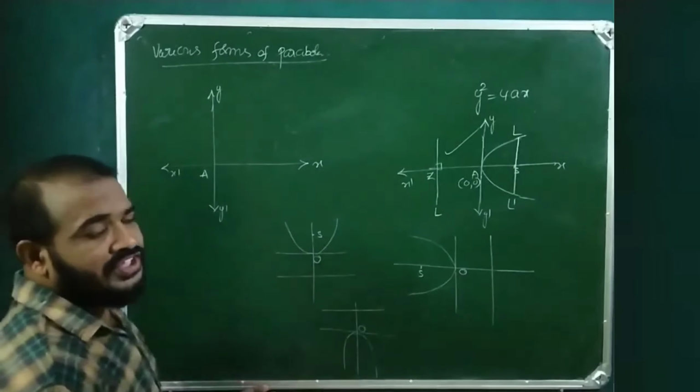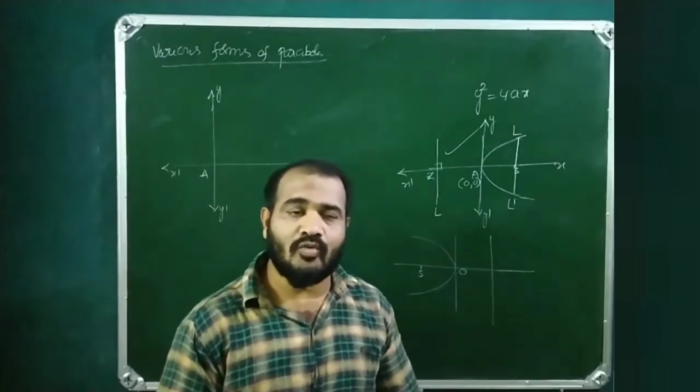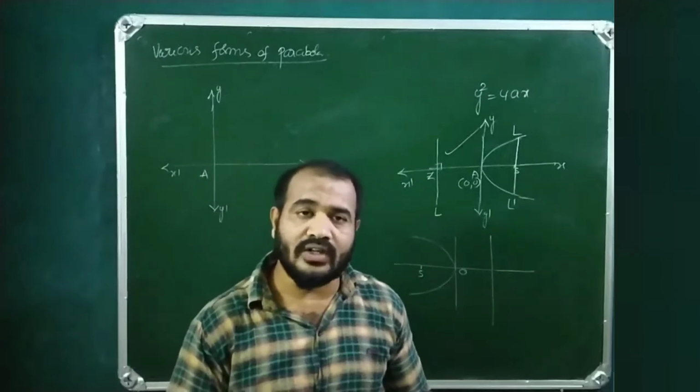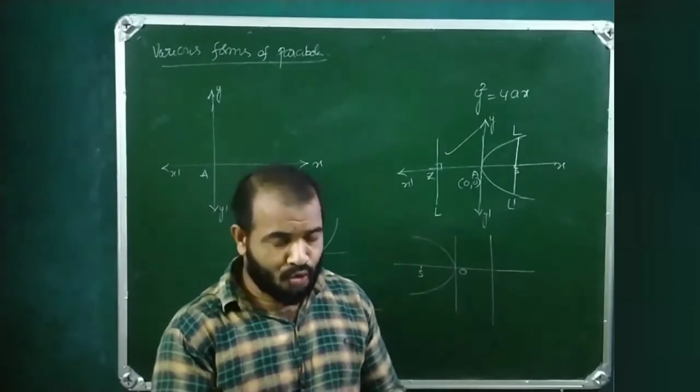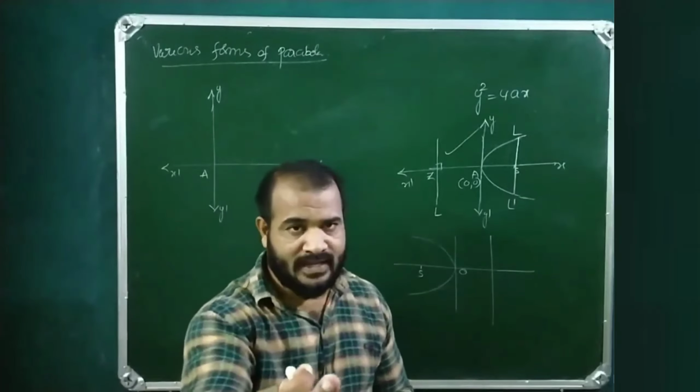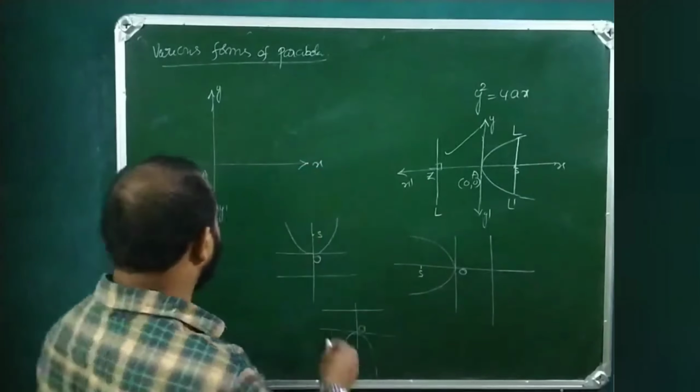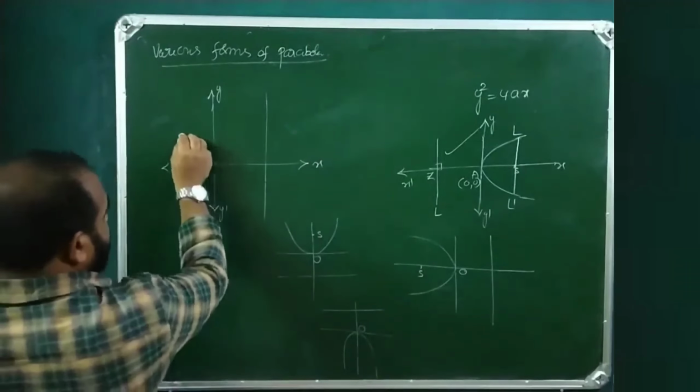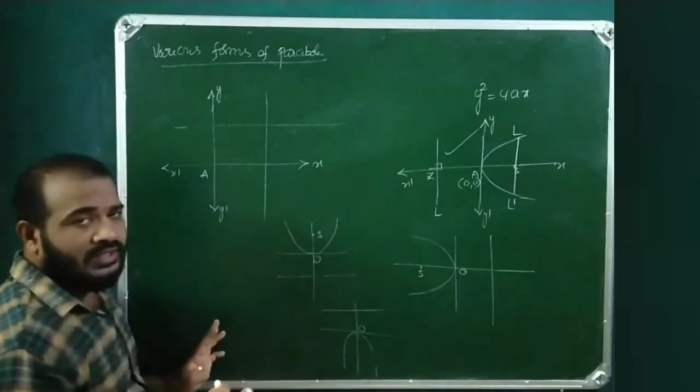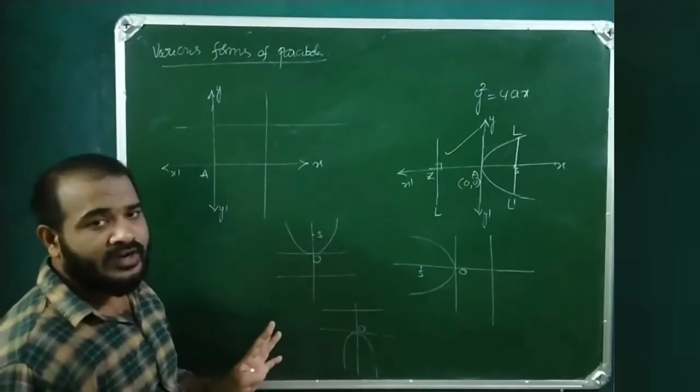Now, without changing the actual direction of the coordinate axis, if the origin is shifted to some other place, for example here, I did not change the actual direction of the coordinate axis.